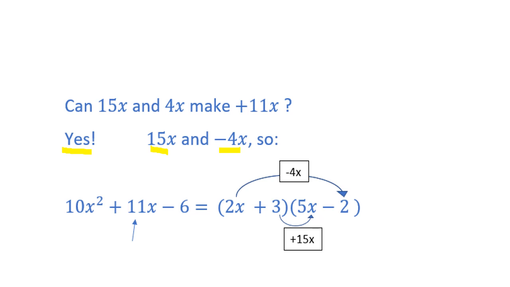So let's make sure I've got plus 15x there. That means you put a plus sign there. And I want minus 4x, so I put a minus sign there. And then final check, 3 times minus 2 is minus 6. We've got our factors.